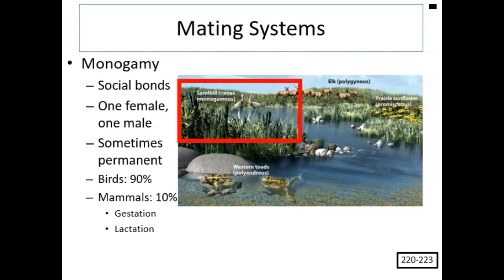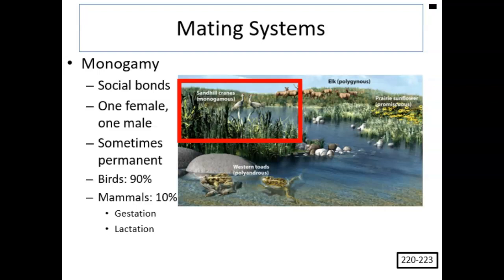So again, the females are able to produce food for the offspring, and the males aren't able to do too much. So in other words, if we think about a mammal versus a bird, a male bird is able to help a lot more than a male mammal during the process of raising the offspring.